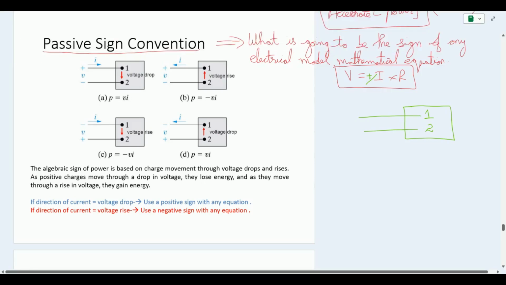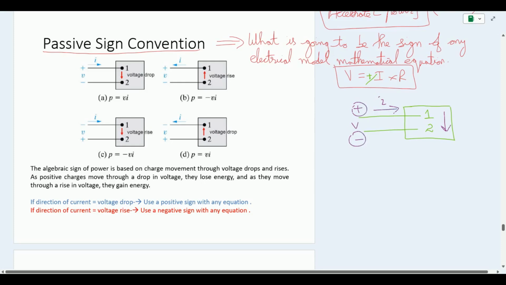We know that voltage has a sign and a value, and a current has a direction and magnitude. Now let us focus on the direction of the current. Whenever the current direction is such that it moves from the positive terminal to the negative terminal, you can see the current is entering the positive terminal and it goes to the second terminal.